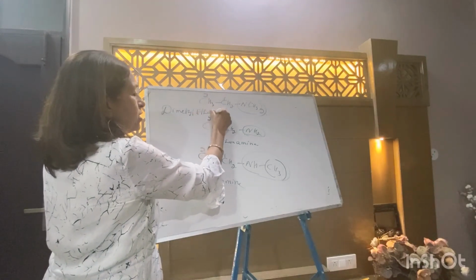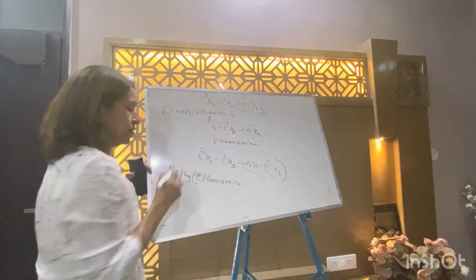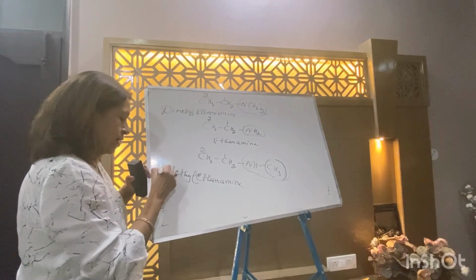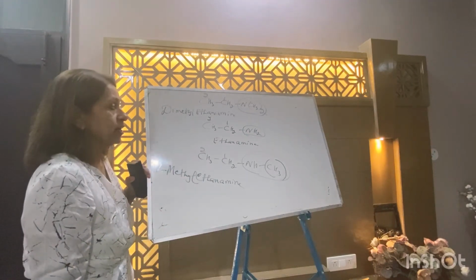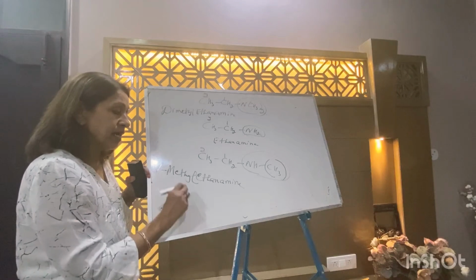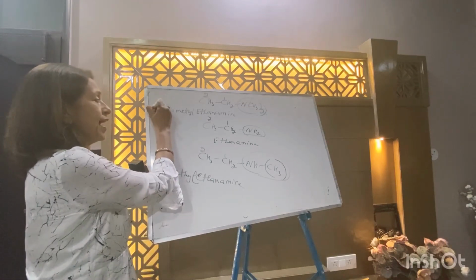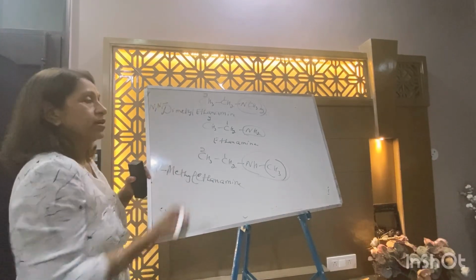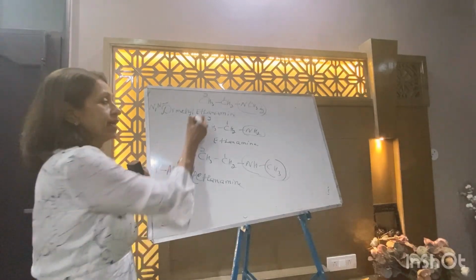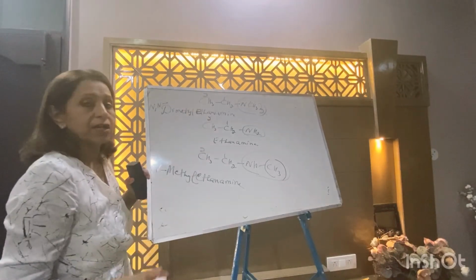It is better to write N: N-methyl ethanamine. And N,N-dimethyl ethanamine, with ethanamine's e in small letter.